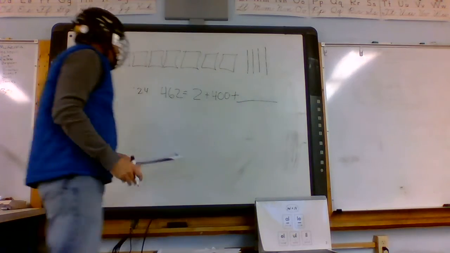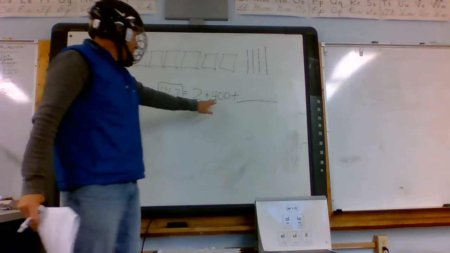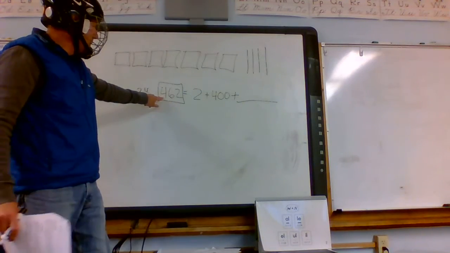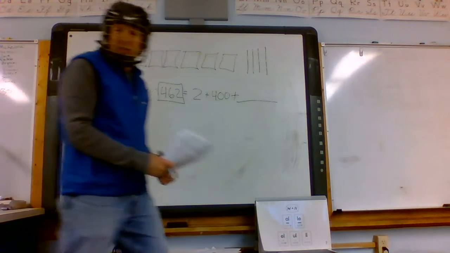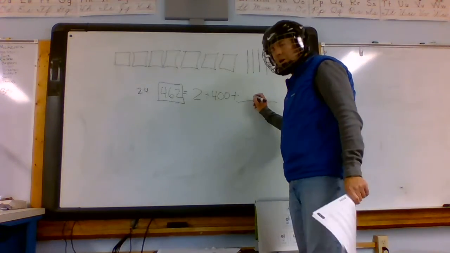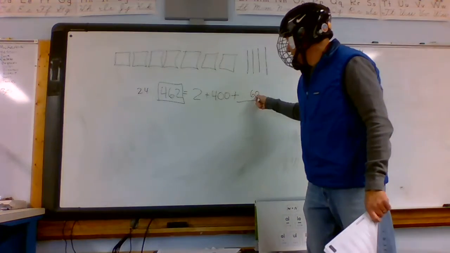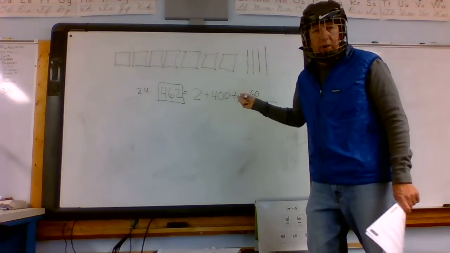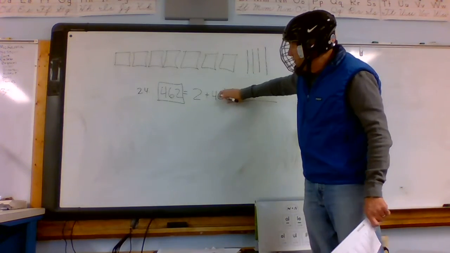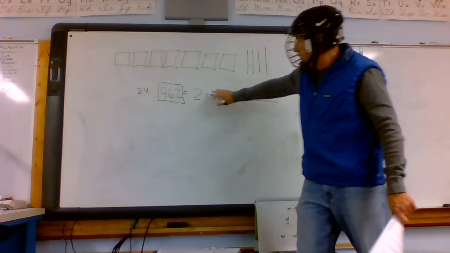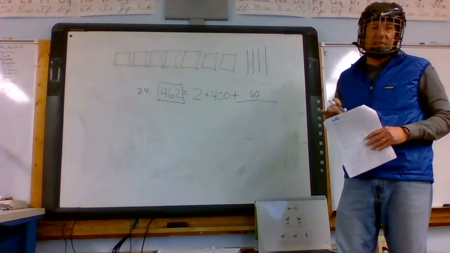Now wait a minute. 462. Here's our number. Well, we have the 400. We have the 2. What are we missing? The 6. So do I just write 6 over here? No. It's 60. 400 plus 60 plus 2. They're just in different order. But you have to remember the ones, tens, and hundreds place. And that's how you do 24, 25, 26, and 27.